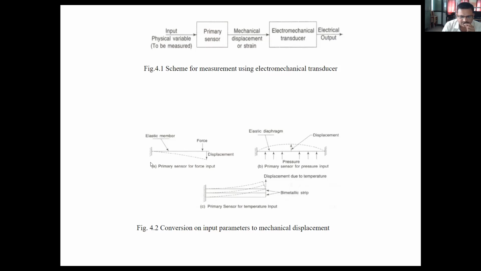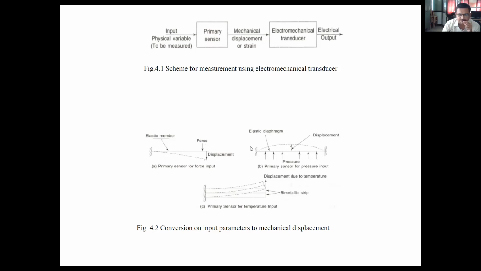Therefore, these three figures, figure 4.2 A, B, and C, are showing some transducers or conversion of input parameters to mechanical displacement. First of all, a cantilever beam is there. Here, this elastic beam is there. If here you apply the force, then we get the displacement.